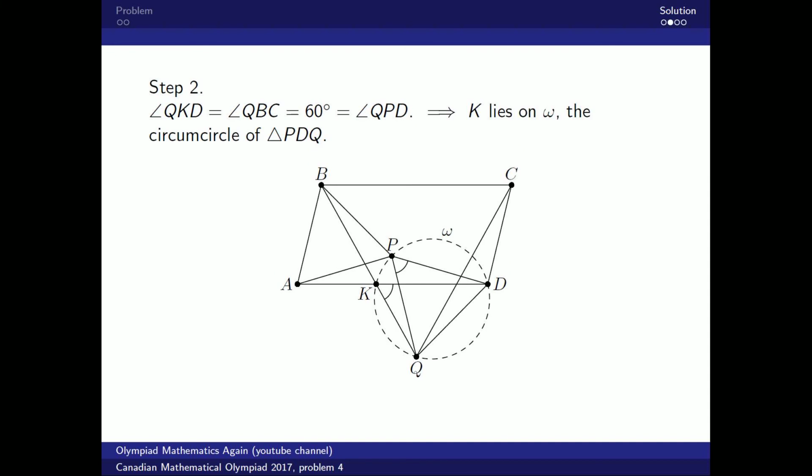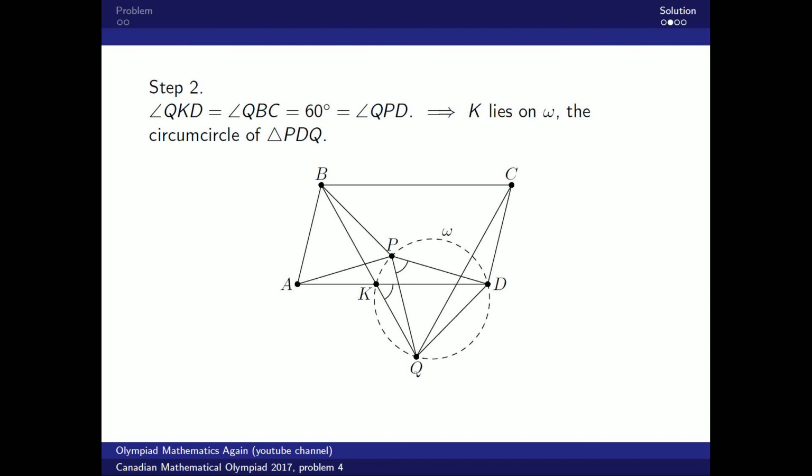Now, because these two angles are equal, we conclude that the four points K, P, D, and Q all lie on the same circle. Basically, this quadrilateral KPDQ is inscribed, or cyclic.